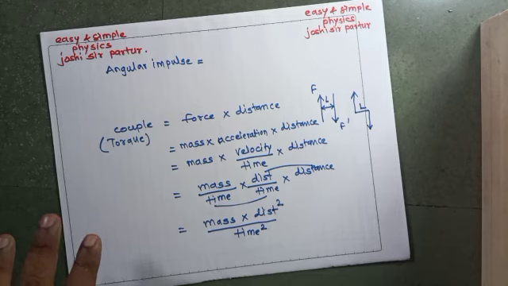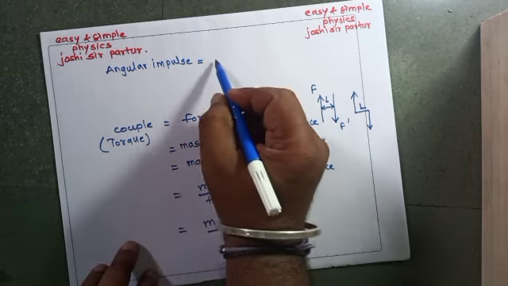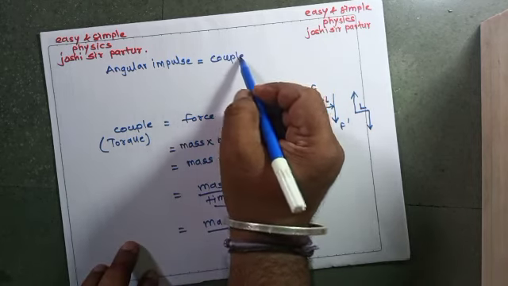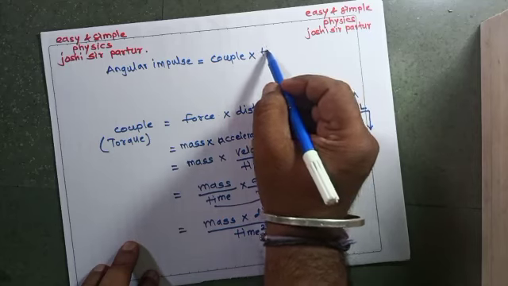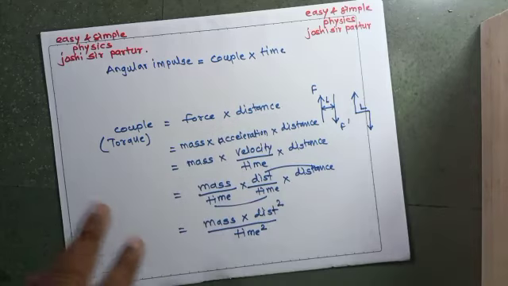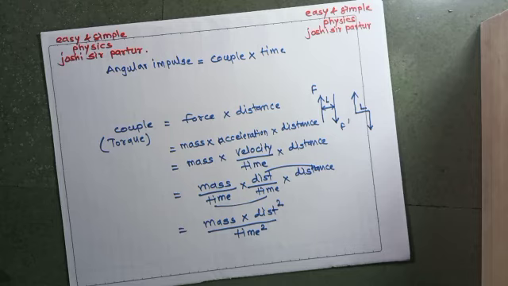We can remember that angular impulse is the product of couple and time. Just as linear impulse is the product of force and time, similarly angular impulse is the product of couple and time.